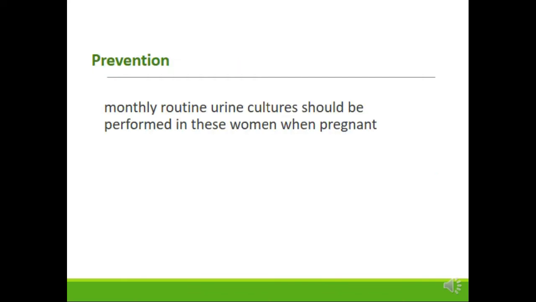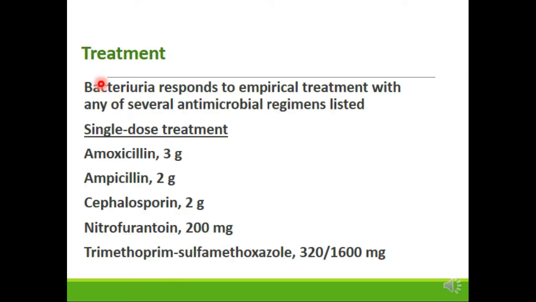Prevention of asymptomatic bacteriuria is done by monthly routine urine culture performed in those patients with high risk of asymptomatic bacteriuria. Treatment: after diagnosis of asymptomatic bacteriuria, it responds to empirical treatment with several antimicrobial regimens.